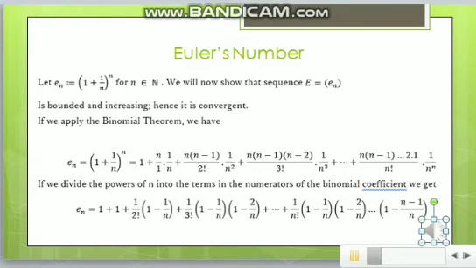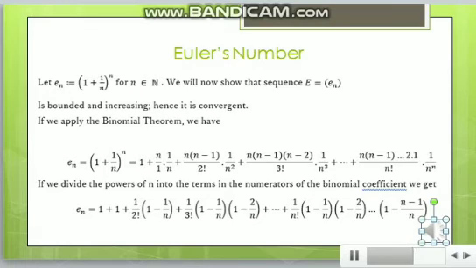If we apply the binomial theorem, we have e_n = (1 + 1/n)^n = 1 + n(1/n) + n(n−1)/2! (1/n²) + n(n−1)(n−2)/3! (1/n³) + ... + n(n−1)...1/n! (1/n^n).